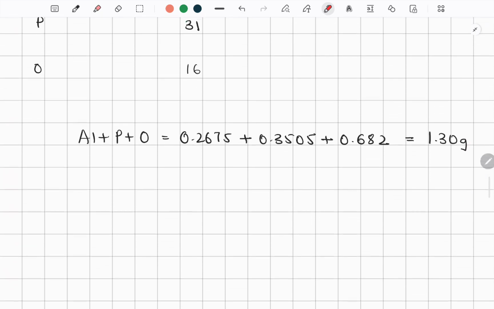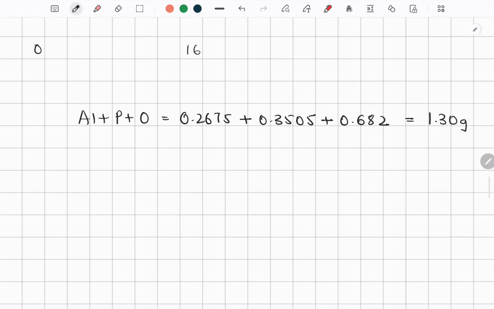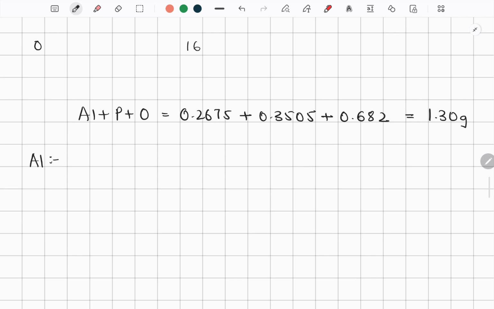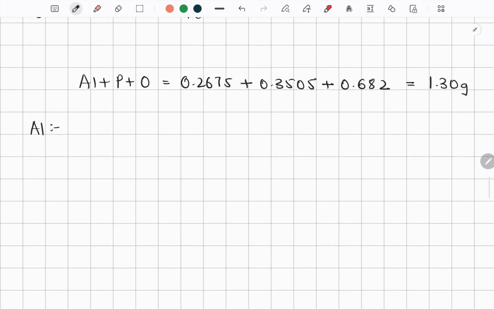Now how can I calculate the percentage composition out of it? Let's suppose I want the percentage composition for aluminium. The total weight is 1.30. If 1.30 gram has 0.2675 gram of aluminium, then 100 gram would have X, because percentage is always calculated out of 100.